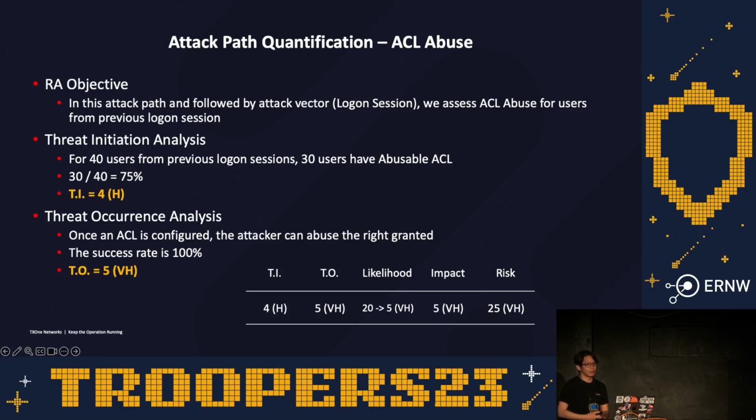And for the impact, since the user for the next attack vectors, we have the DC sync, which can be the administrative privilege, and therefore the impact is 5. So the risk we are seeing here is 25 in general for this attack vector ACL abuse, and it's also in the context of an attack path we define and we try to assess. And finally, the level is very high.